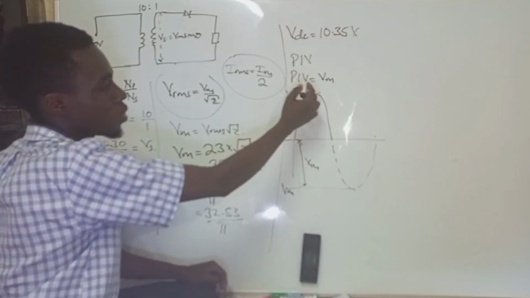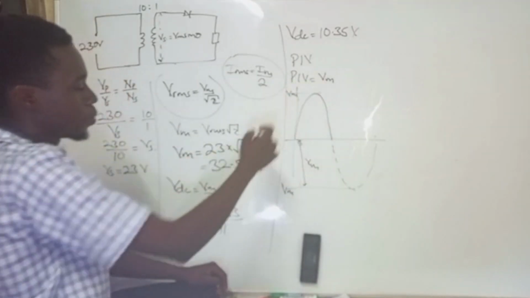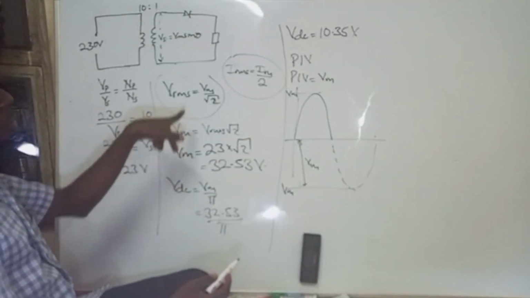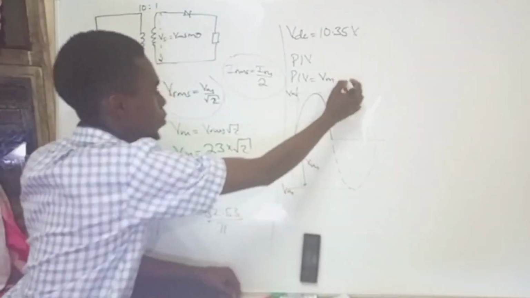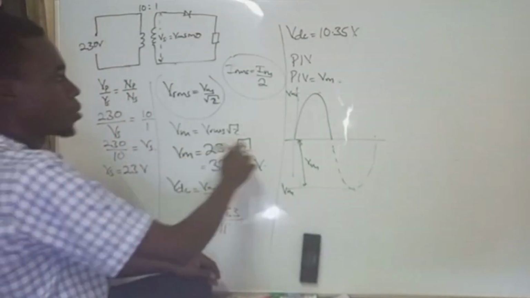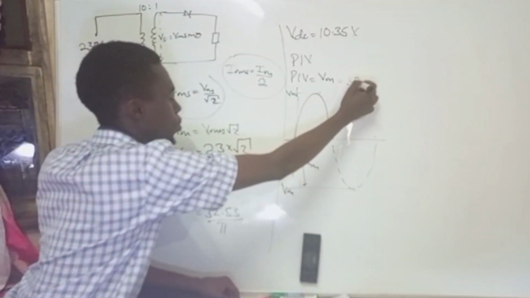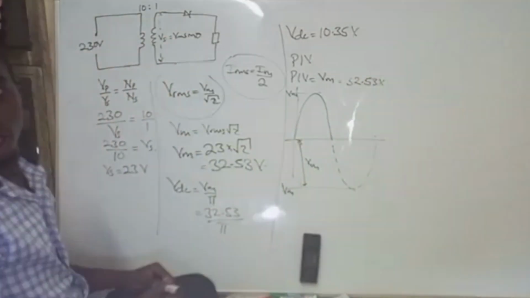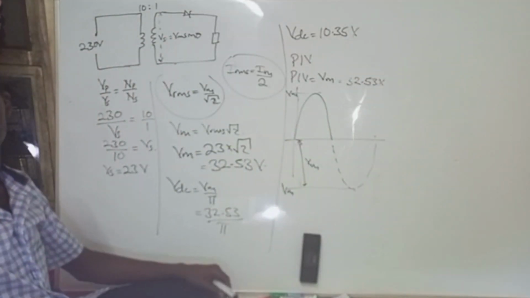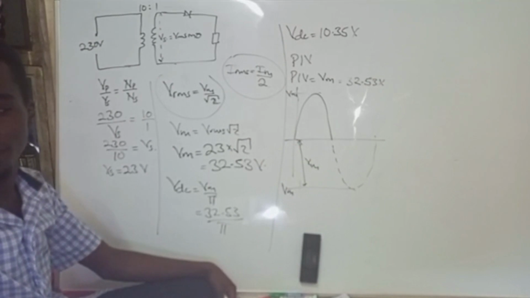You can see that the peak inverse voltage is simply the maximum voltage across the secondary, equal to what we got as our maximum voltage, 32.53 volts. And there we have the peak inverse voltage as that value.